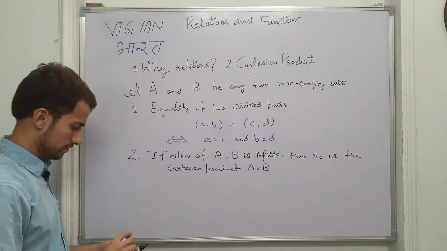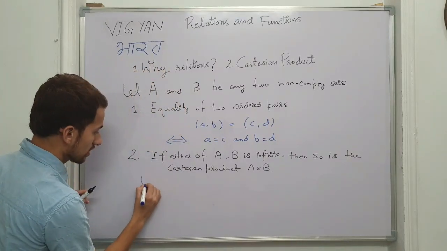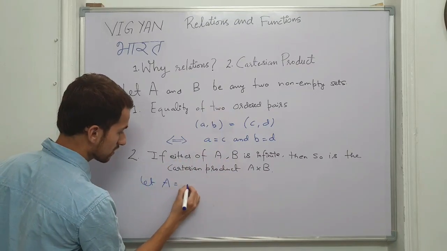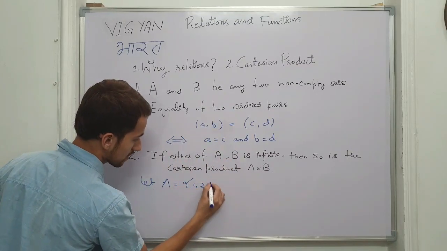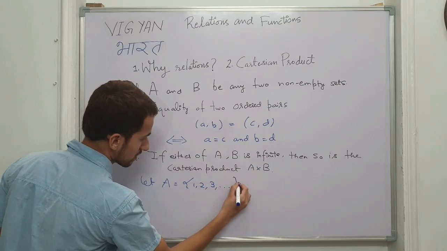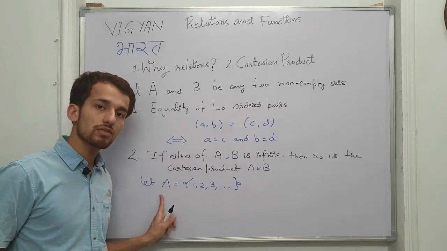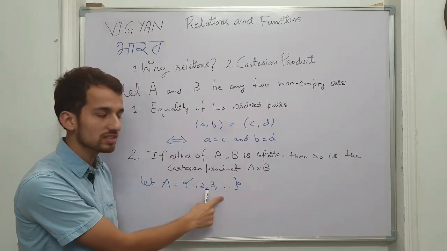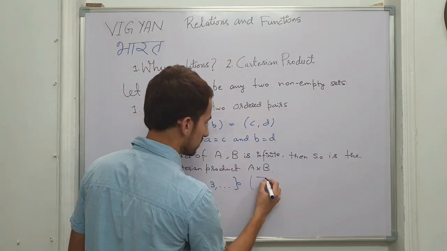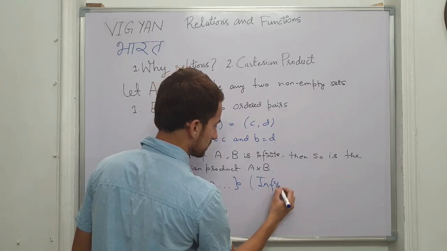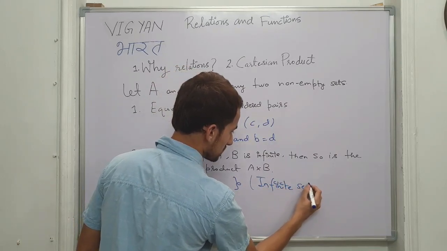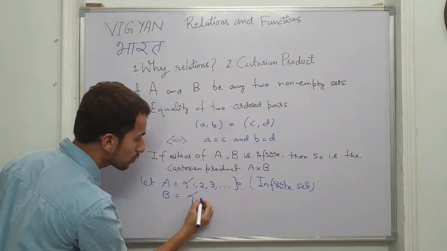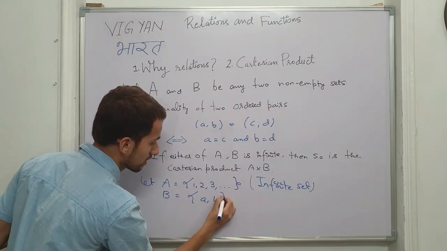Let's take an example now. Let A be the set of natural numbers, whose standard convention is bold capital N. Just for the sake of understanding, I am taking A to be this infinite set. And let's choose B to be a set consisting of two elements, say a, b.